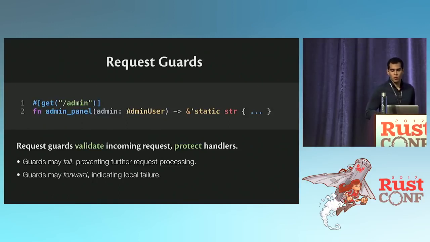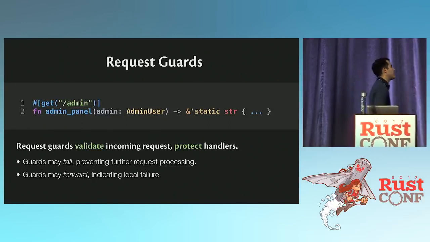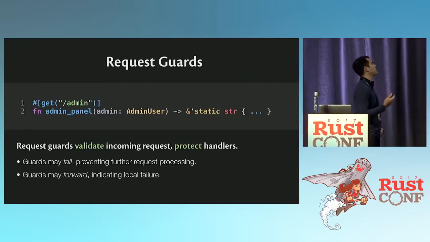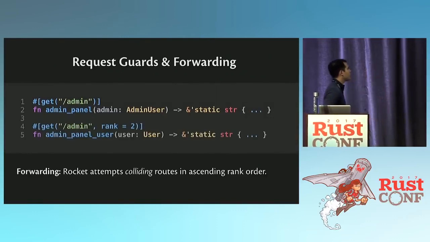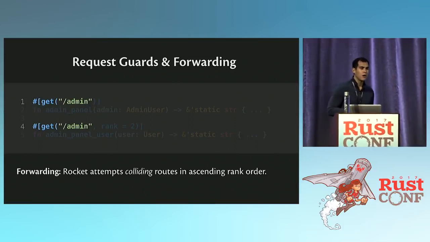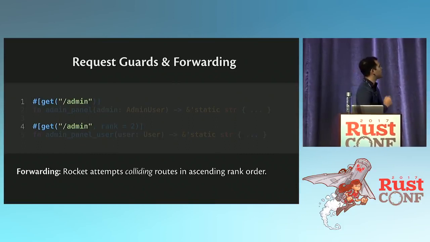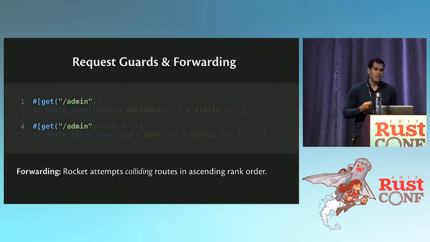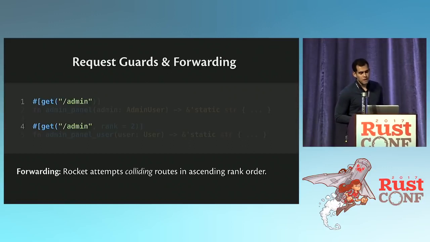And when you forward something, Rocket will try the next route that collides, which is the nomenclature we use. So for example, here we have two routes, and they both match the admin path for GET requests. So these collide. And if you were to actually run this, Rocket would say, hey, these collide. But we can fix that collision by ranking these routes.